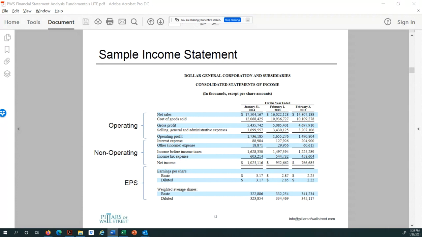Advertising, all of that good stuff would be SG&A. After subtracting SG&A from gross profit, we get operating profit or operating income. We then subtract interest expense to arrive at income or profit before taxes. And then finally subtract tax expense to arrive at net income, which is the bottom line.